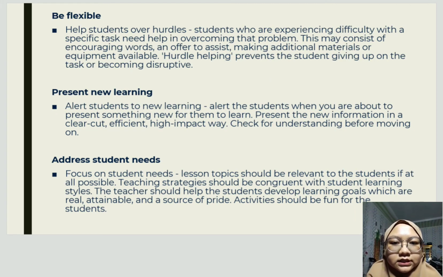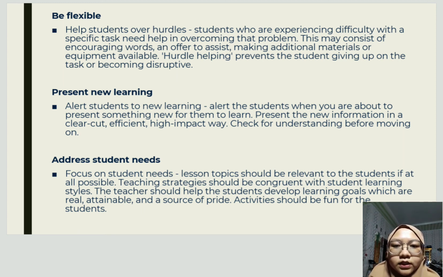Students who are experiencing difficulty with a specific task need help in overcoming that problem. This may consist of encouraging words and an offer to assist, making additional material or equipment available. Helping prevents the student from giving up on the task or becoming disruptive.